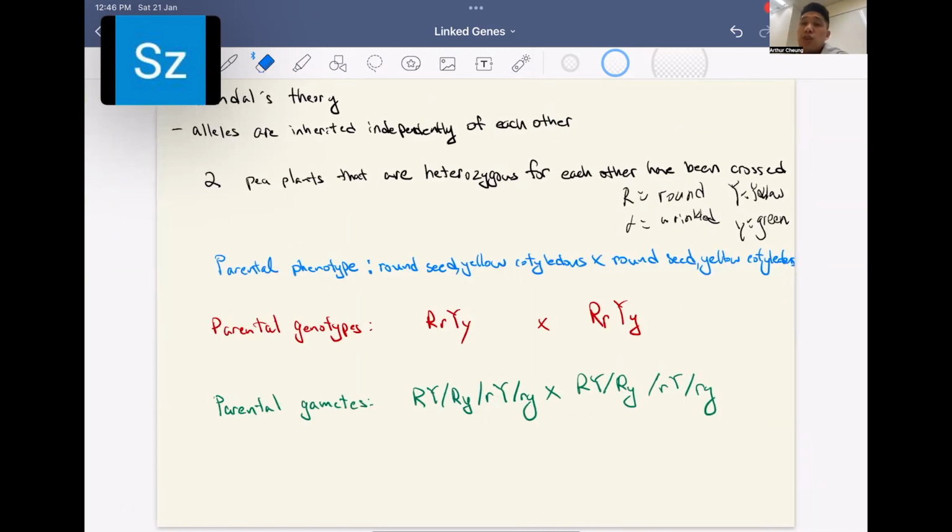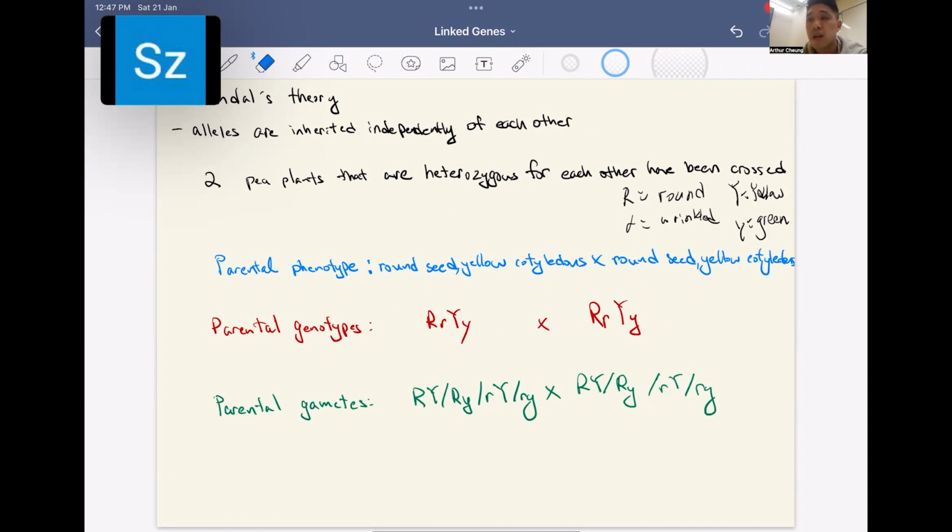He used two pea plants that are heterozygous for two genes: the shape of the seed and the color of the cotyledons. When we do crosses, please remember to use a capital letter for the dominant allele and a small letter for the recessive allele.